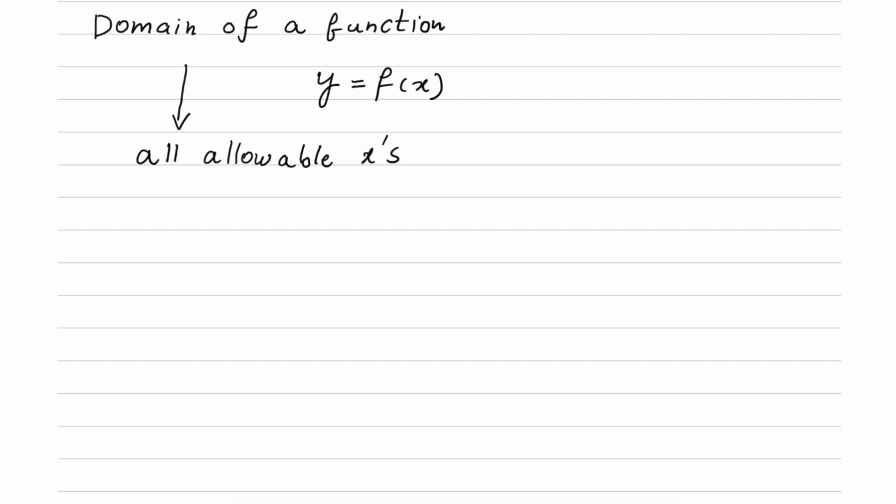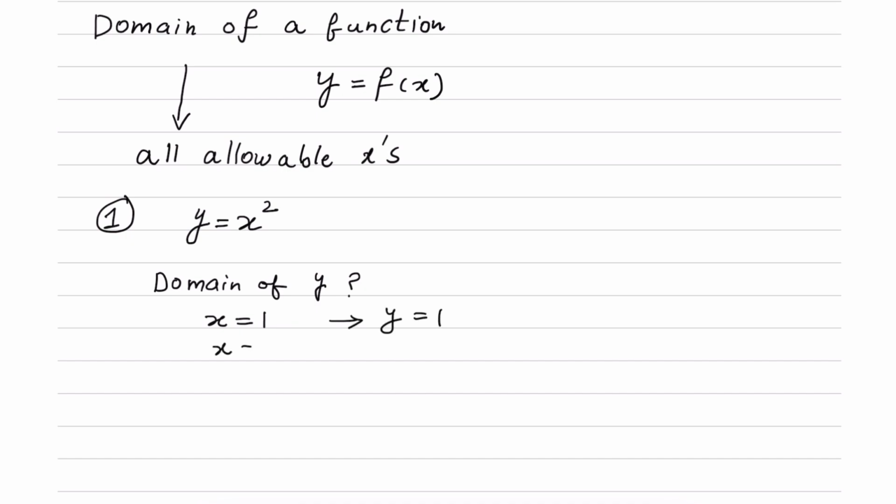For example, let's talk about the function y is equal to x square. We want to know what is the domain of y here. So if we have, let's say, x is equal to 1, we get y as 1.